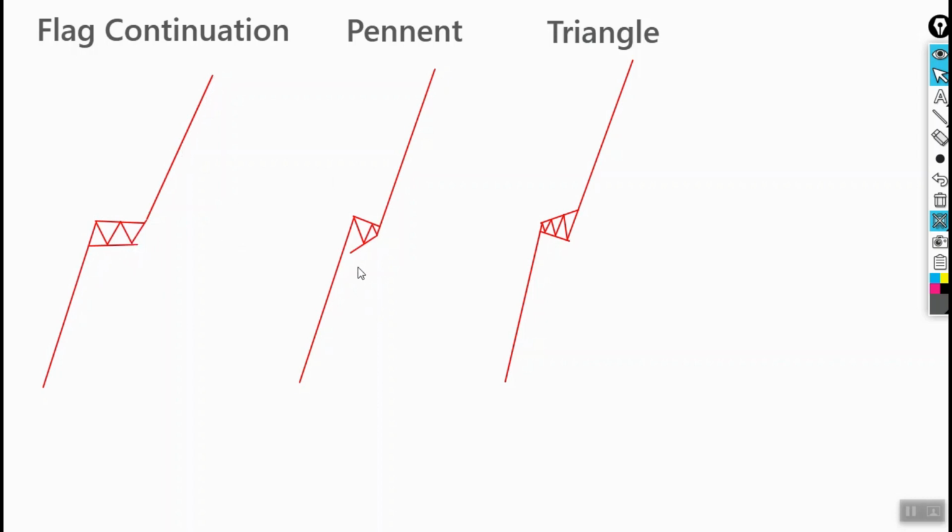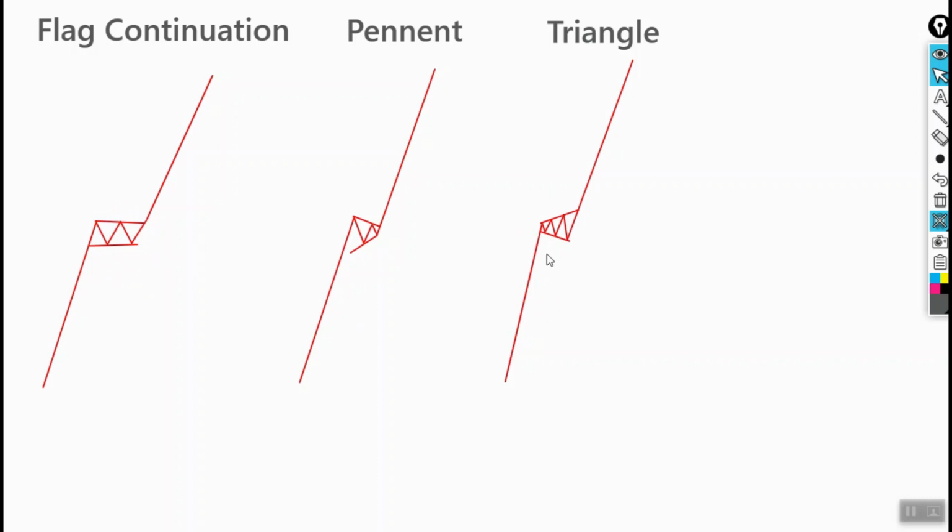The second one is a pennant, similar to the flag, but much tighter and a lot tinier. You would find these on the 15-minute and 1 hour sometimes. These you'll also find on the 15 minute or the 1 hour, or even the 4 hour sometimes.